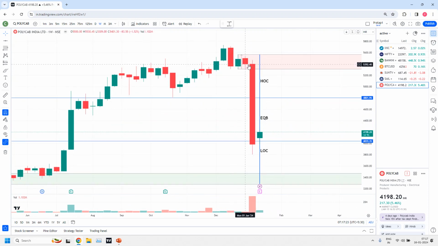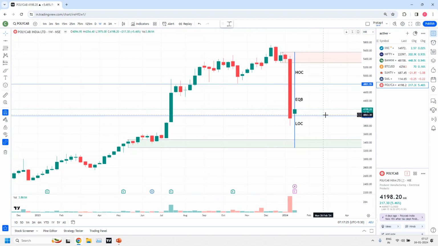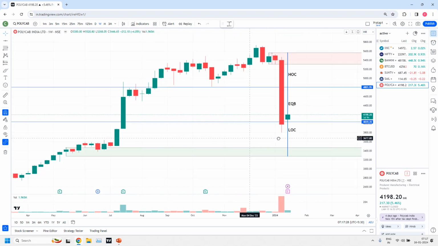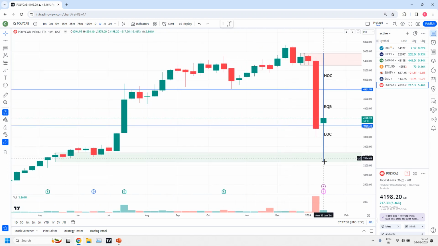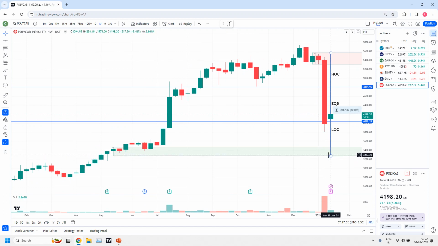We have a drop, two base candles, and a drop. From the weekly demand zone distal line to the weekly supply zone distal line, we have drawn a line and then divided it into three equal parts. One is low on the curve, another one is equilibrium, and another one is high on the curve.